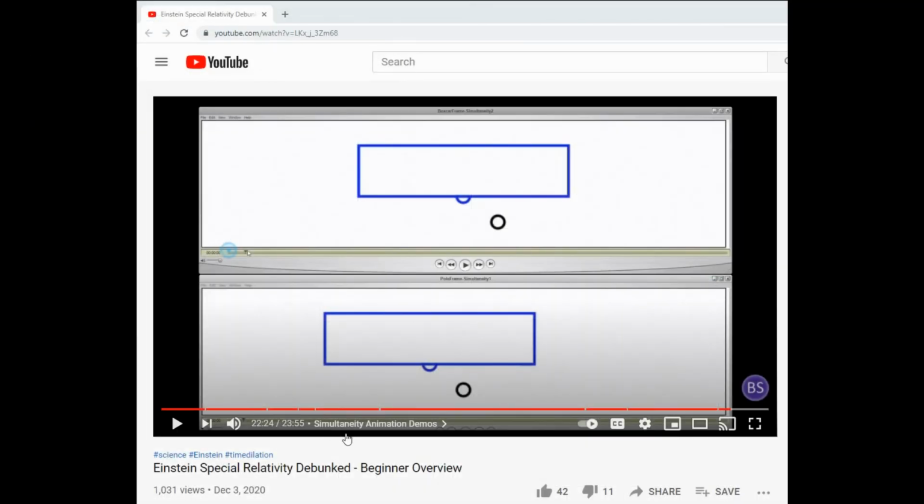So relative simultaneity is 1 equals 2 fantasy physics, and let's tie this back to the original debunking video I did. Einstein would say that both of these scenarios are equally valid at the same time. In reality, they're just two different scenarios that need to be treated separately.